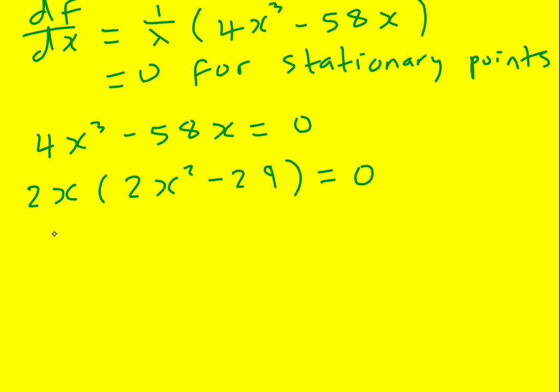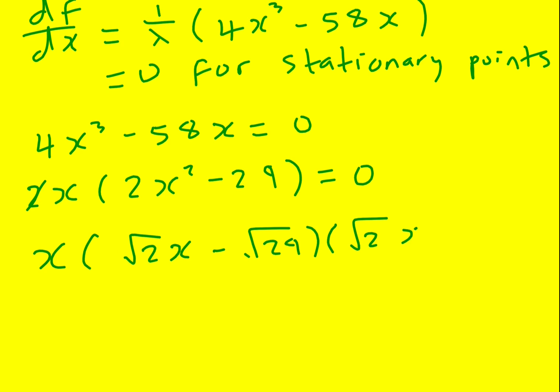So I'm going to get rid of that 2. Okay, so this will be root 2x minus root 29 and root 2x plus root 29.